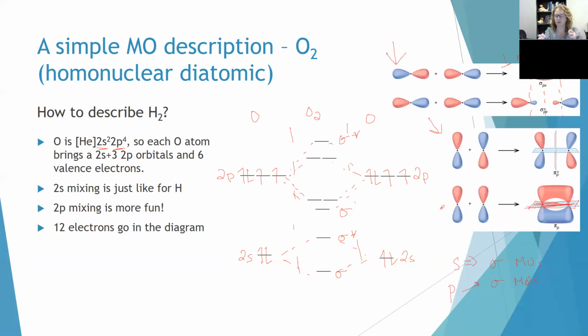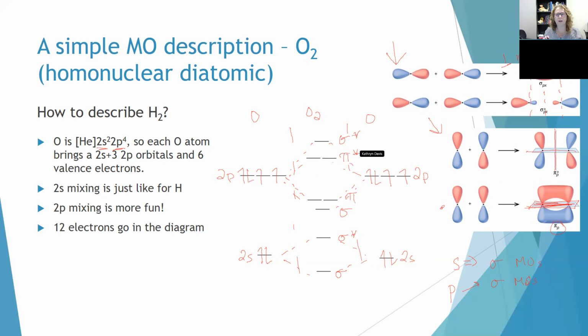It doesn't divide the 2 nuclei up. So we call this pi because that type of node always gets a pi name to it. And this is lower energy because there's fewer nodes. More nodes, higher energy, more destabilization. This one we call a pi star because it's got 2 nodes. And so we actually have pi and pi star.